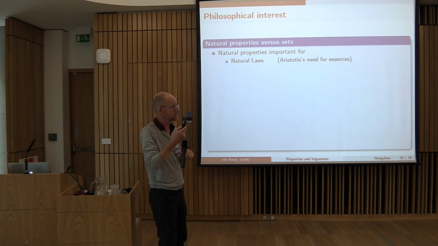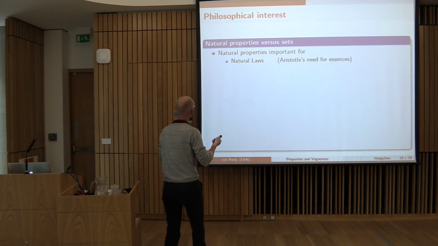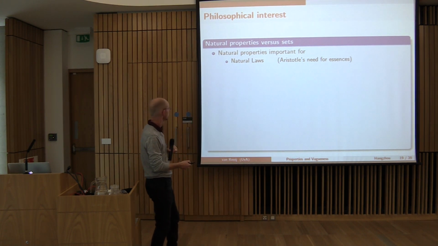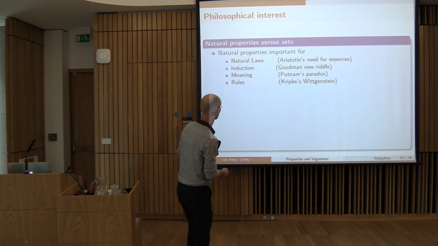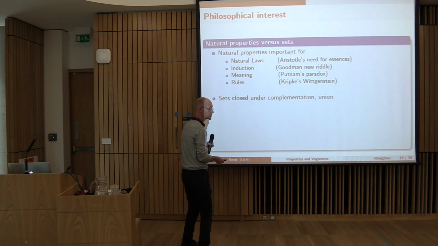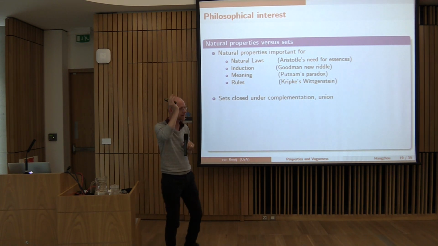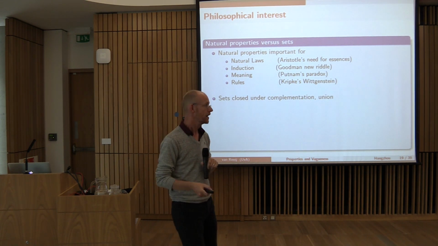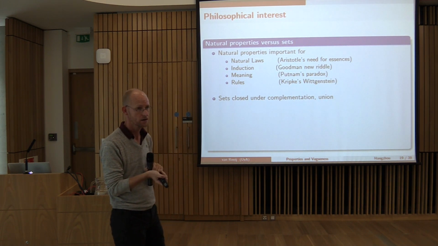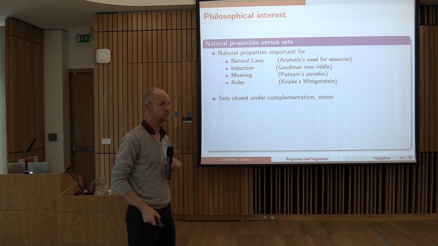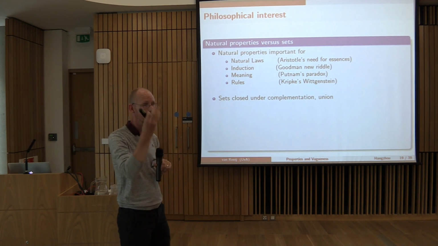We make a distinction between properties and natural properties, and they are very important, for instance, for the analysis of natural laws, for induction, for meaning, to account for Putnam's paradox, for rules, and so on. Every time the same kind of solution pops up, and now the idea is that natural properties can be accounted for not only for economical reasons, as Gärdenfors said, but they just pop out from evolution.